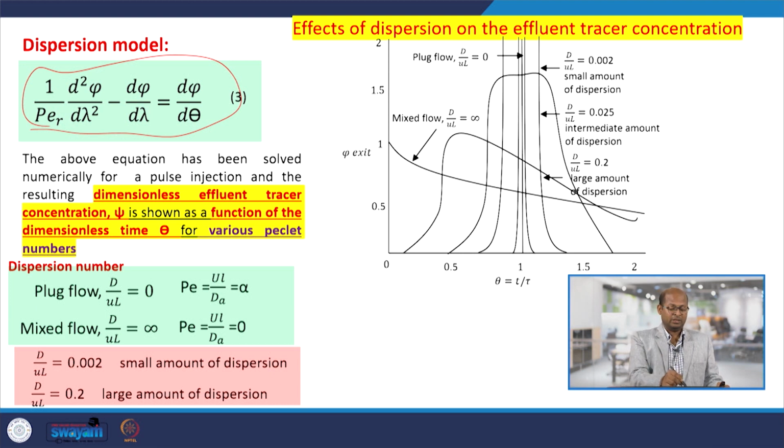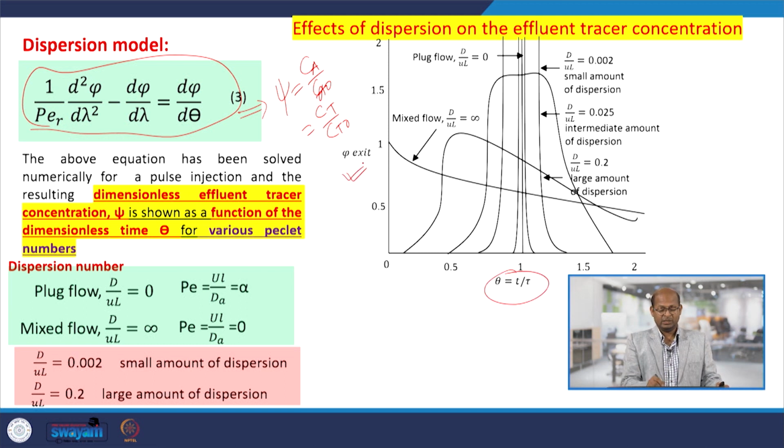Solving these equations gives the dimensionless concentrations that we want to get. The results we discussed with respect to dimensionless concentration and dimensionless time, and how the dispersion number, the inverse of the Peclet number, is related. When the dispersion number equals 0, the reactor behaves as a plug flow reactor, meaning there is no dispersion.